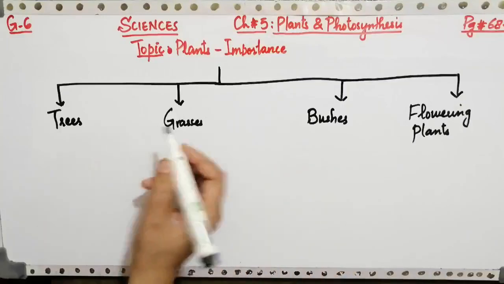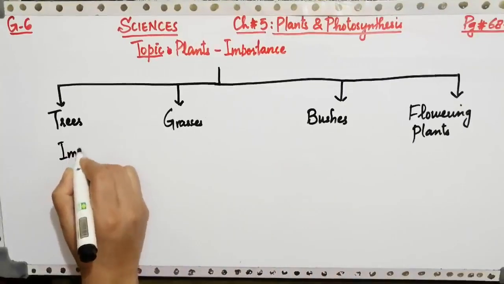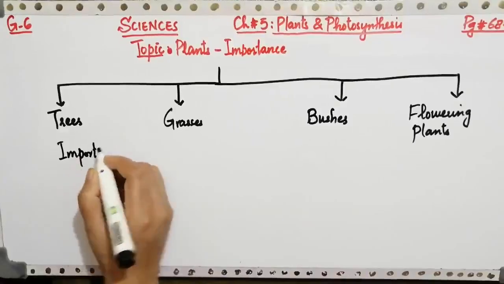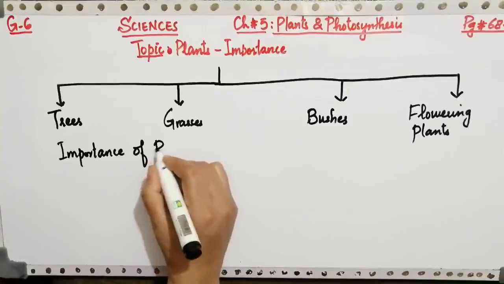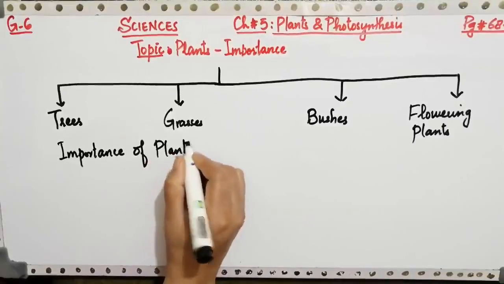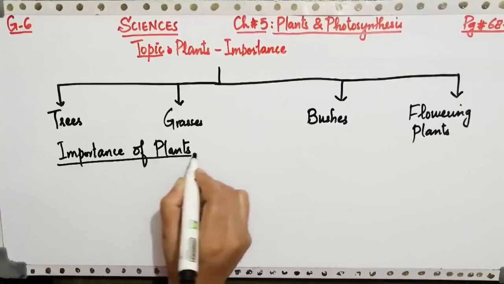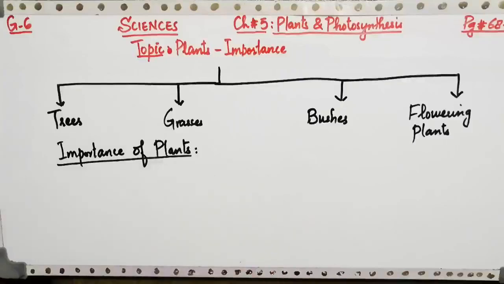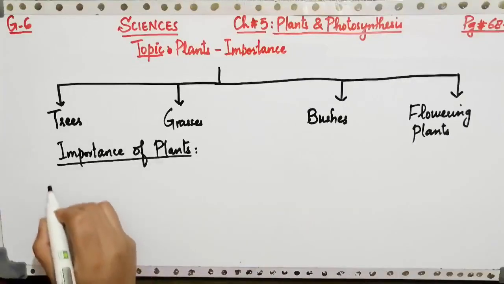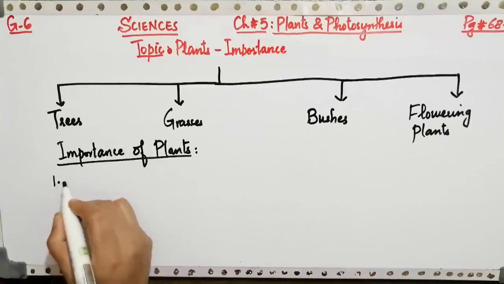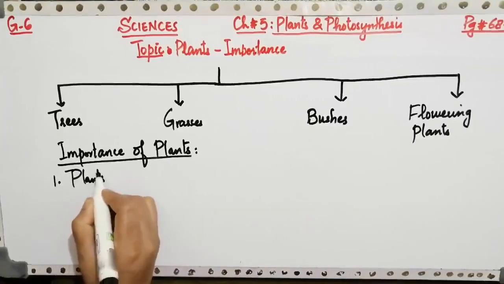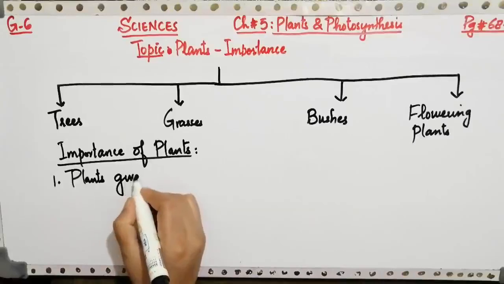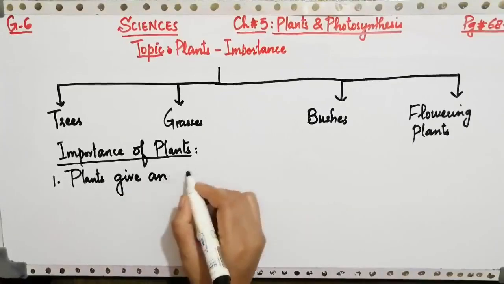So some of the importance of plants can be given in the form of some points, like the heading will be importance of plants. What are the most common importance of plants for our nature? So first thing which you must know, that plants give an attractive look.